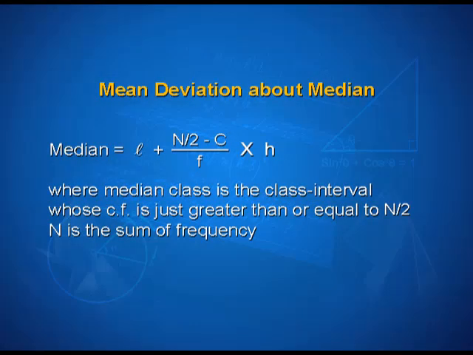Then the median is obtained by first identifying the class in which the median lies, that is the median class, and then applying the formula of median, that is L plus (n upon 2 minus C) upon f into h, where the median class is the class interval whose cumulative frequency is just greater than or equal to n upon 2 and n is the sum of the frequencies.